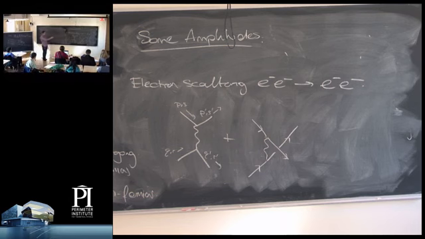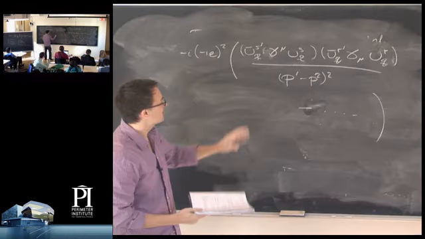And by these diagrams, we mean particular equations. These are the amplitude for this to happen. So these two diagrams added together is equal to... I'm not going to write the second one.